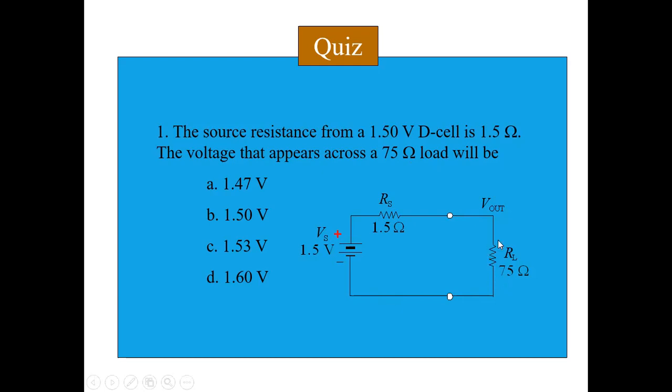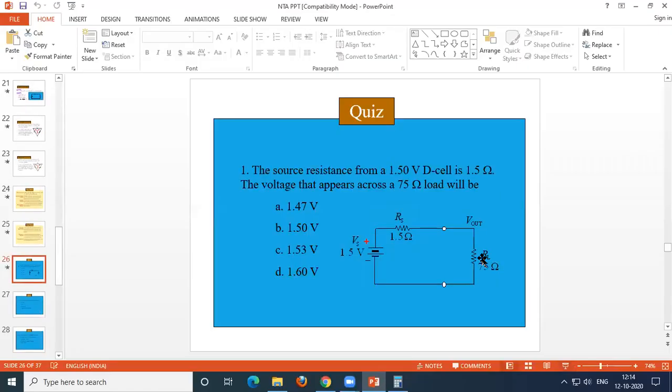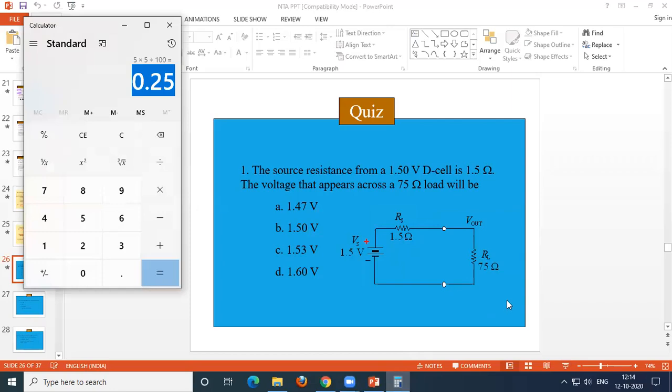So what is the voltage drop across the 75 ohm load? We are able to calculate it by using the calculator.